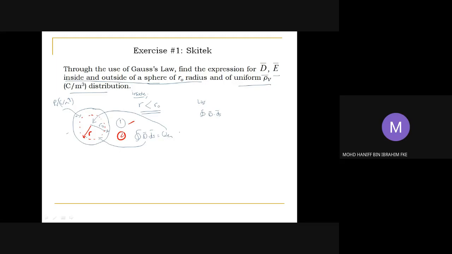Deng Jian, are you in my class? Yes, doctor. Okay, please help me. For the D vector, what should be the vector D that shall be used in this particular problem? We can have an r direction, a theta direction, and a phi direction because we are using a spherical coordinate system.